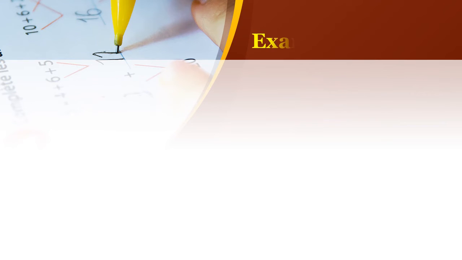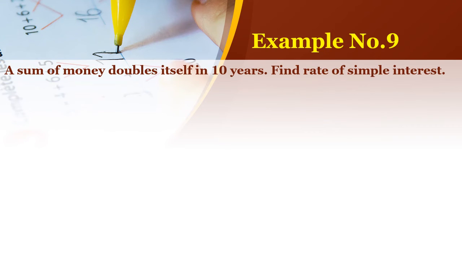So now example number 9. A sum of money doubles itself in 10 years. Find the rate of simple interest. So, solution here. We have not been given any value for the principal or amount. So let P be the principal.